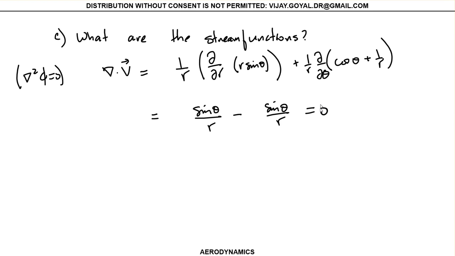This gives you 0. So the flow is incompressible. Since the flow is incompressible, alpha can be 1, and I can apply all my other equations.